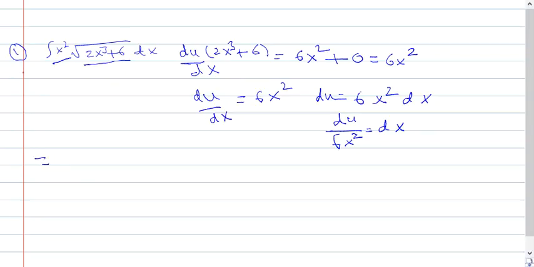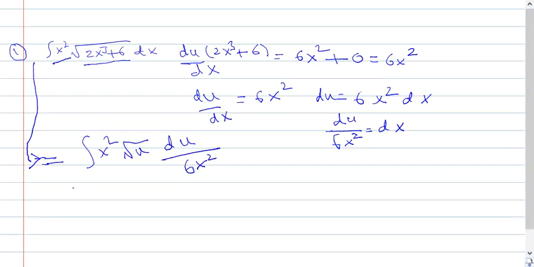So this integral basically becomes integral x square, integral of u, dx, I'm replacing with whatever we have done so far, so that becomes 6x square. So this is equal to 1 over 6. Let's bring that out. So x square and x square get cancelled, so you get square root of u du.